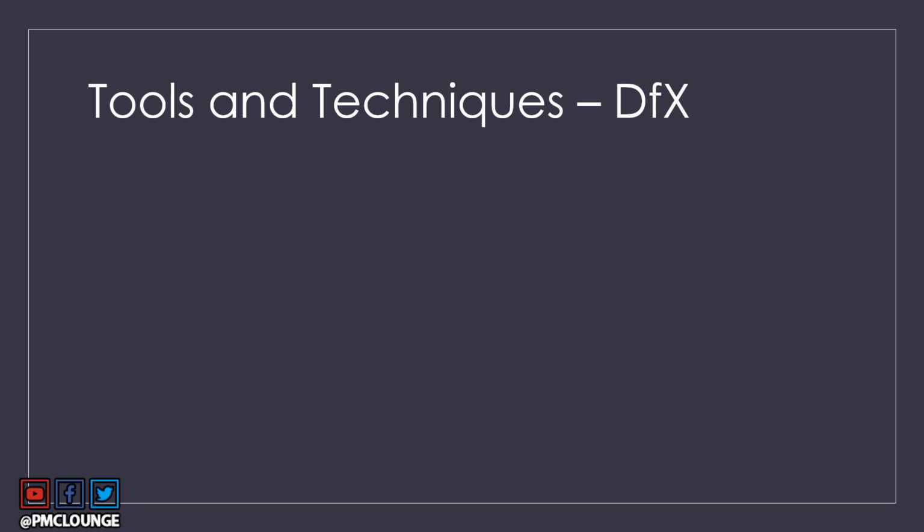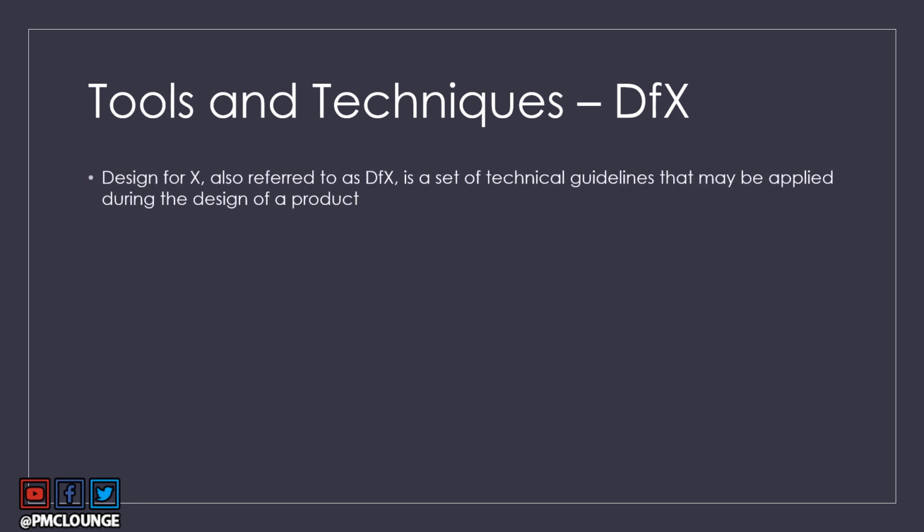The next tool and technique is DFX. This is design for X. What is this? This is a set of technical guidelines that may be applied during the design of a product. So when the product is being designed, there could be certain technical guidelines which might be applied to the product.